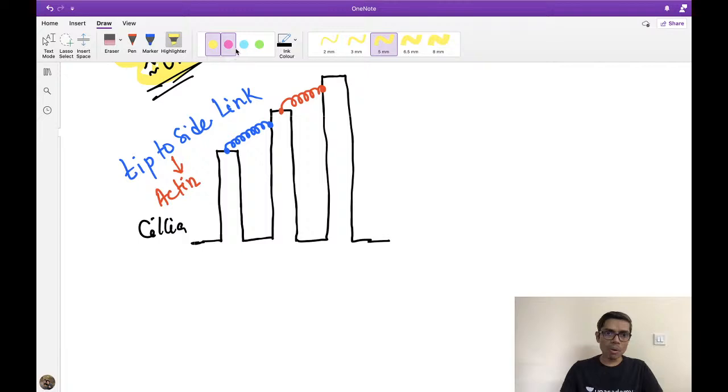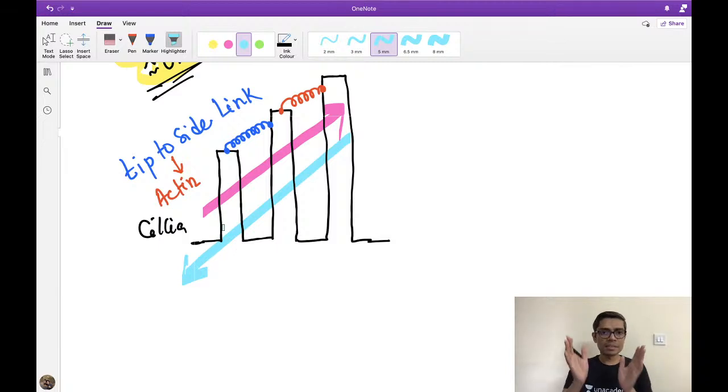Now if all of the hair are moving in this direction, towards the longest stereocilia, then what is going to happen? This spring will be stretched. But if all of the hair are moving in this direction, then the spring will be relaxed. I can understand like this. So when all of the hair are moving in this longest hair direction, what will happen?